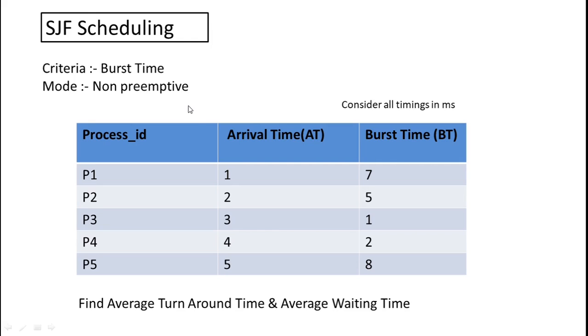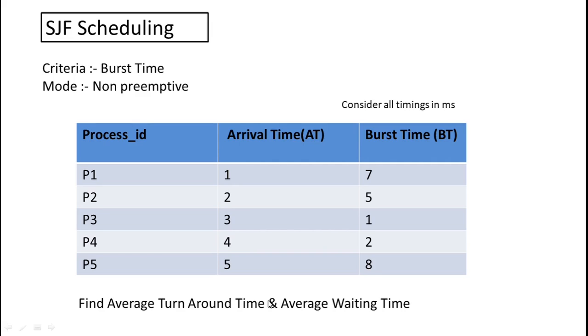If we compare all 5 processes, P3 has the smallest burst time. We have to find the average turnaround time and average waiting time.